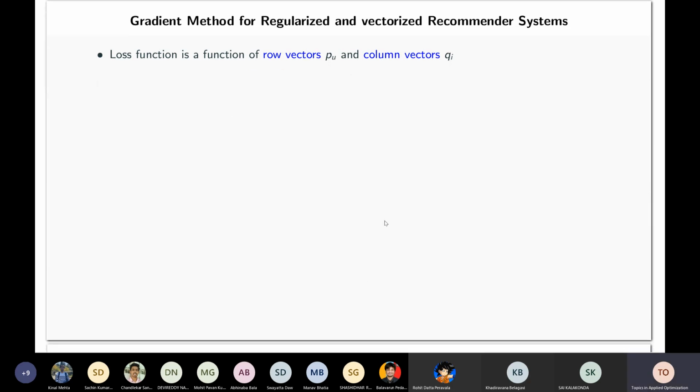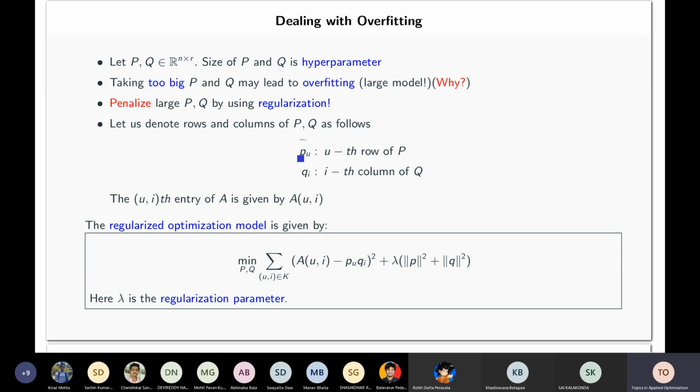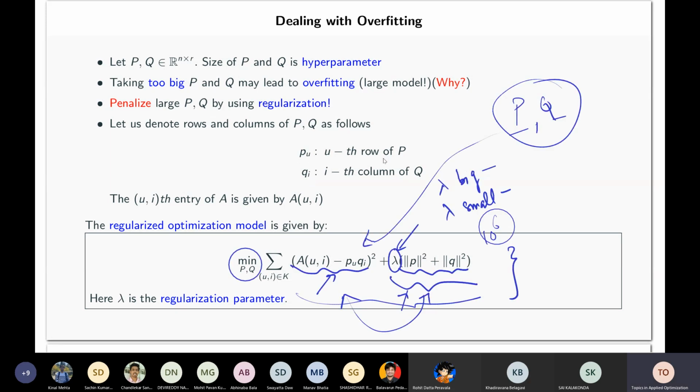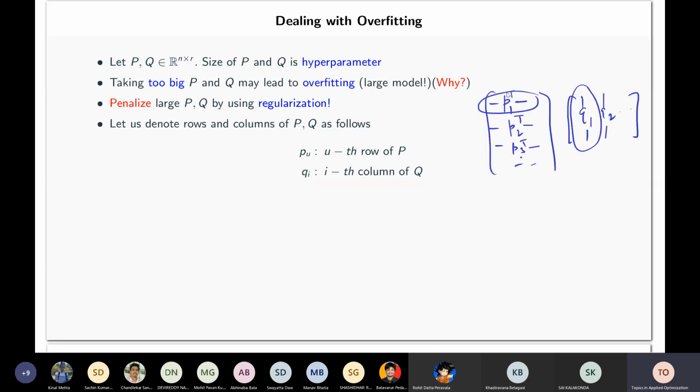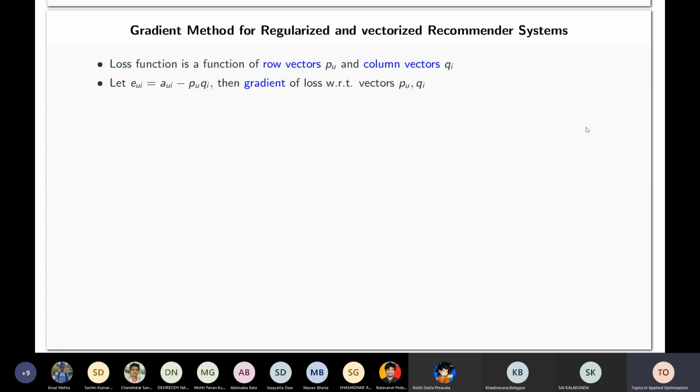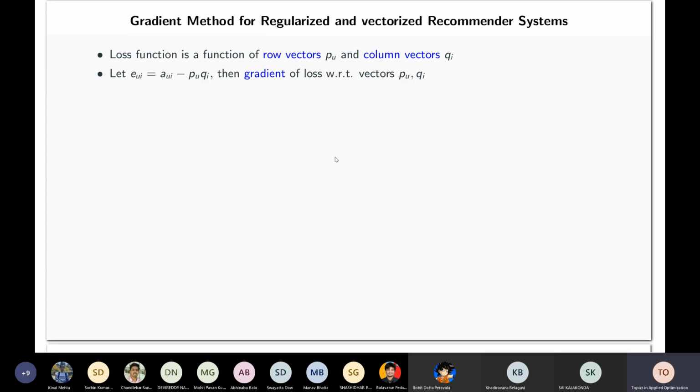So since I am seeing the P and Q matrices, as unknowns, as now vectors, which are the row vectors and the column vectors here, I can also formulate my error in that form.